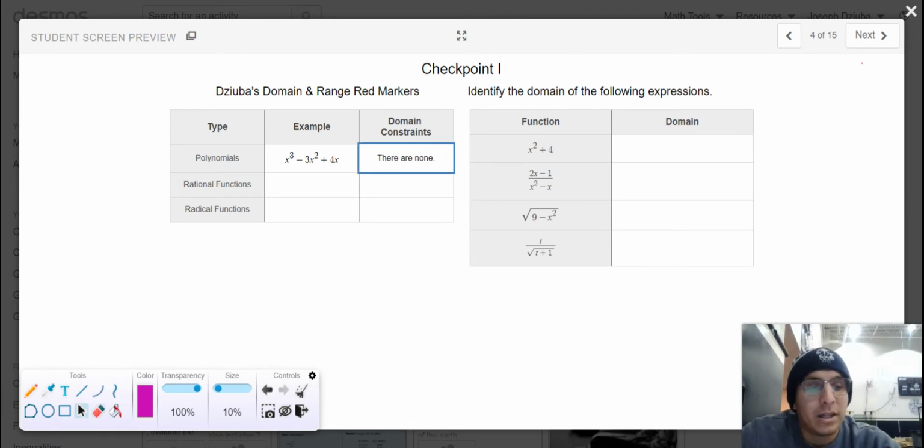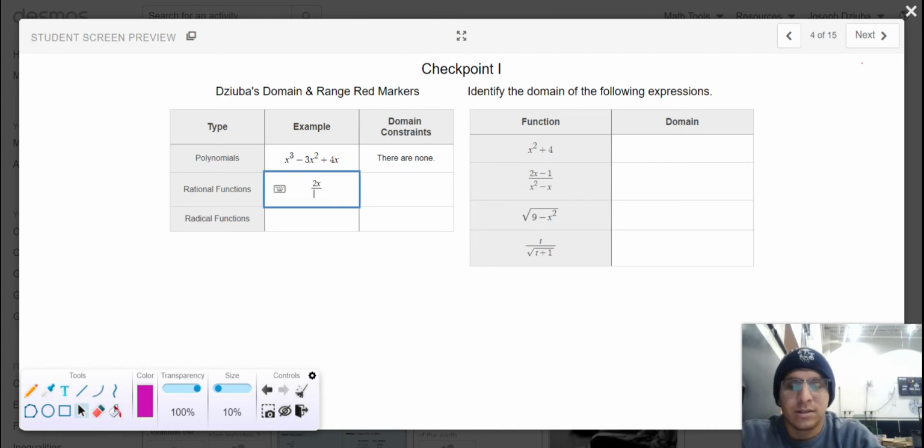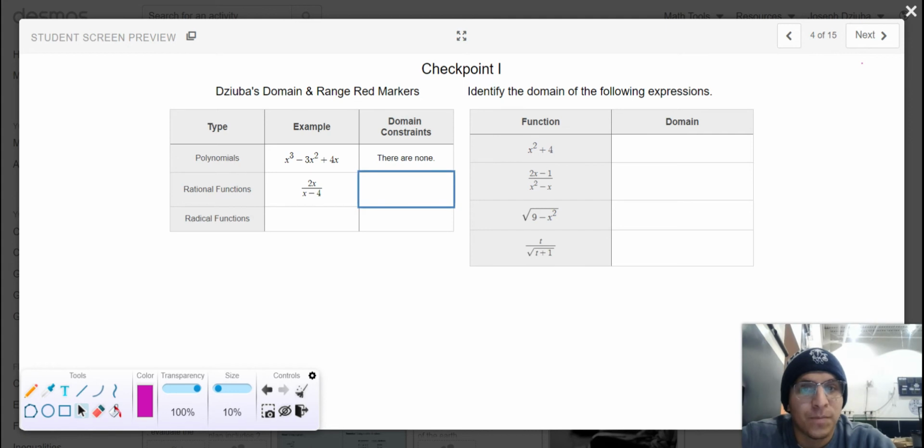We love polynomials because polynomials are considered continuous functions from negative infinity all the way to positive infinity on the x-axis and on the y-axis. They're perfect. However, rational functions, such as one like this, our biggest domain constraint exists in the denominator because it is not allowed to be 0.